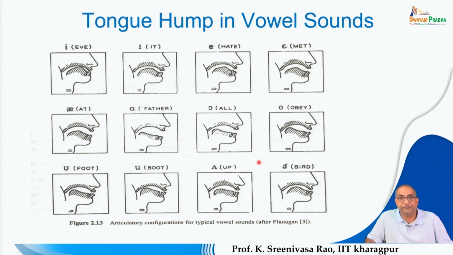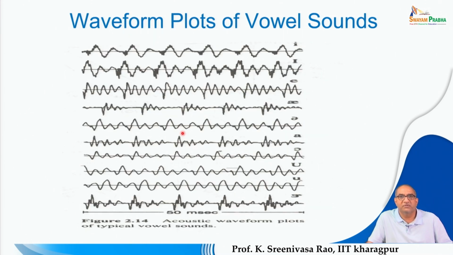Here you can see there are 10 different waveforms shown, corresponding to the different vowels. The top two waveforms correspond to the vowel e, short e and longer e, then a in the next two waveforms, and then o and a, and then u.